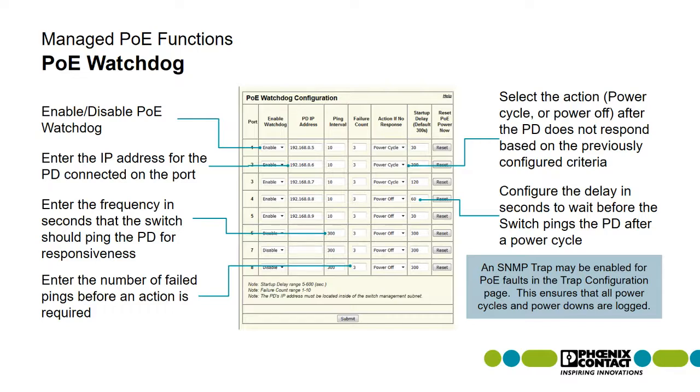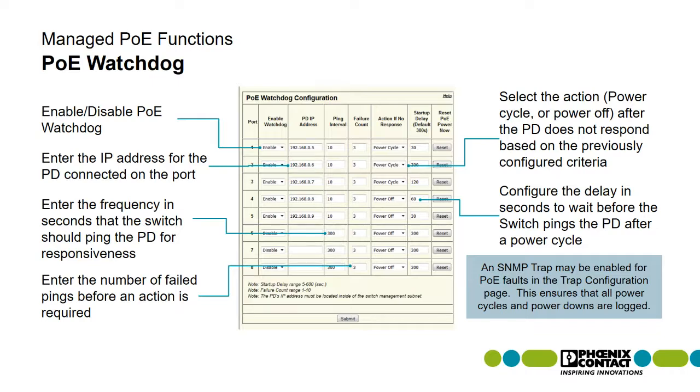It's configurable in the number of seconds between each ping. And then you've got the capability to enter the number of failed pings. You may not want to have it register an error if it misses one ping. So the failure count is from 1 to 10 that you can utilize.